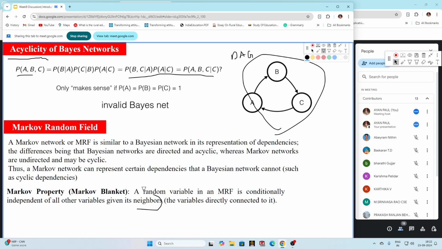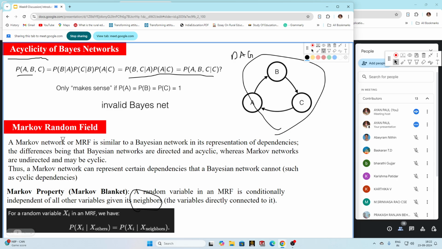Markov neighbors means the variables that are connected to the node. So for a random variable xi in a Markov random field, we write P(xi given x others) equals P(xi given neighbors). That is the property of the Markov random field.